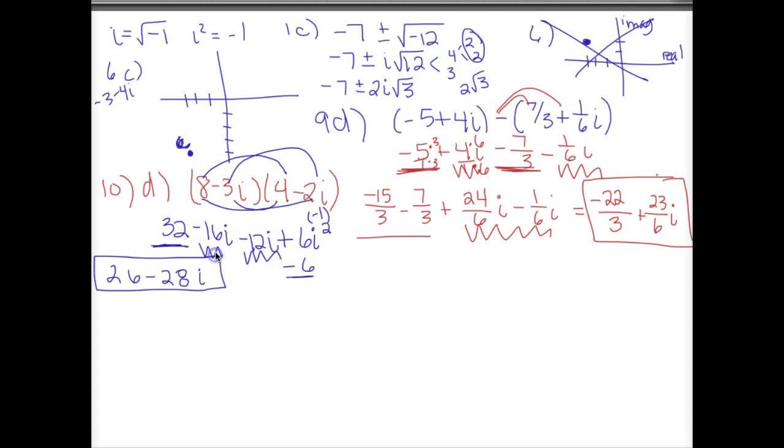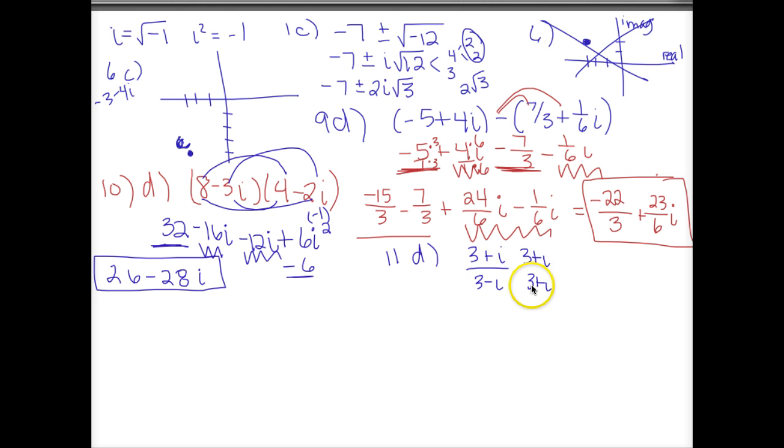Now, honors people, you need to know how to do division. And I didn't put one in there. If you want to look at a couple examples to make sure, you could look at 11C and D. Remember that for those, you multiply the top and bottom by the complex conjugate. So for example, on 11D, which looks like this, you would multiply the top and bottom by 3 plus i.